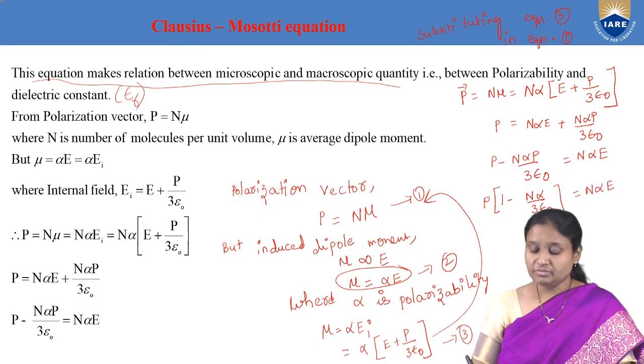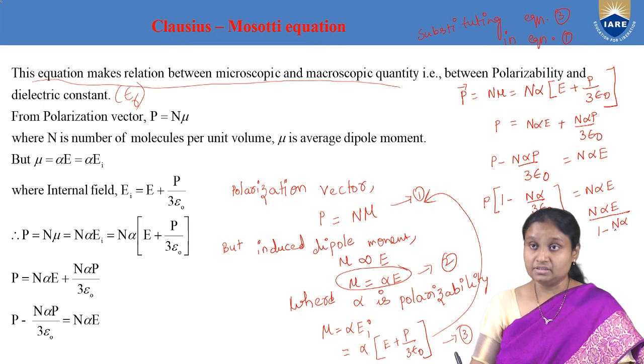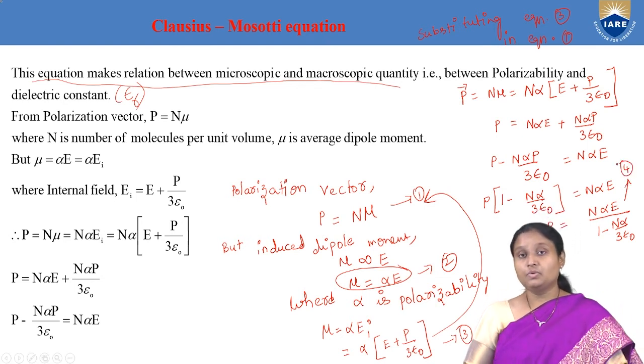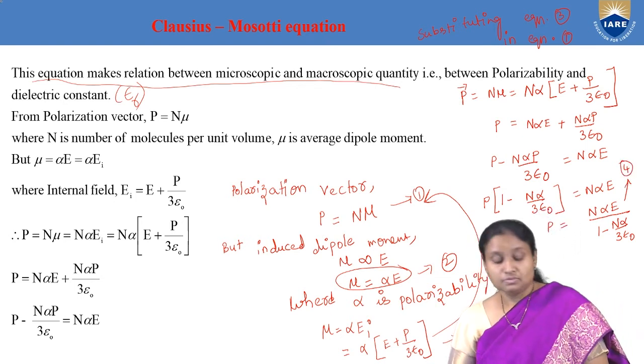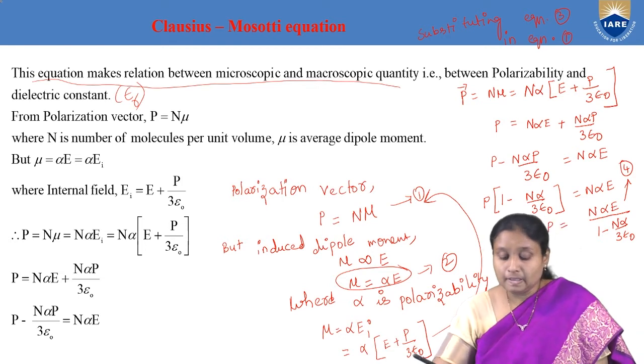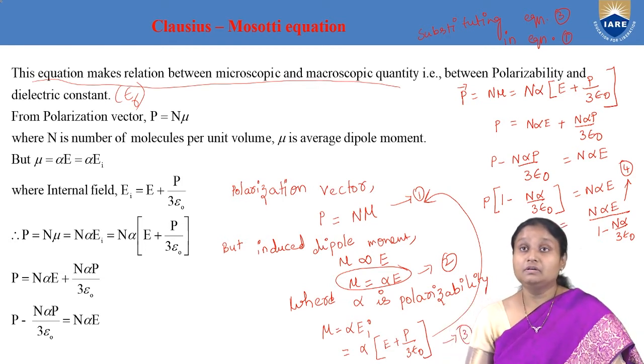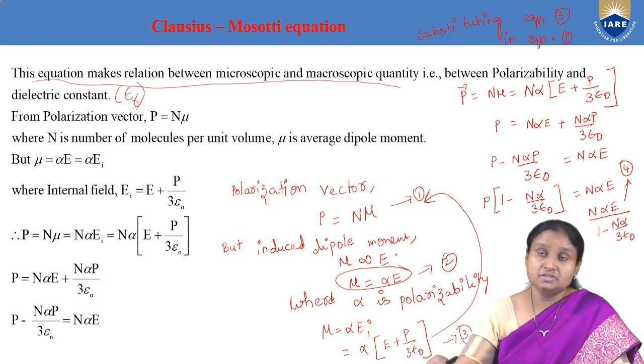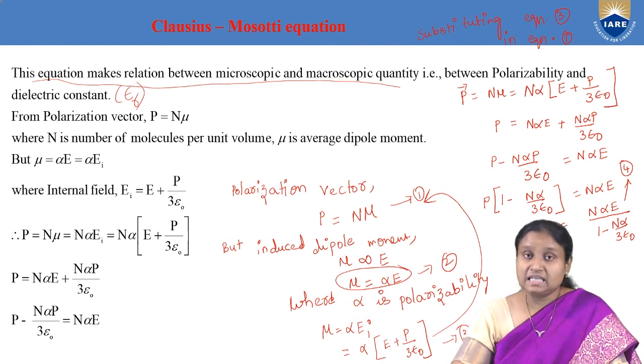Now from this, what is the formula of polarization vector I'm getting? I'm getting it as n alpha E by 1 minus n alpha by 3 epsilon naught. So let us take this as equation 4. What we have done here is, first I took the expression for polarization vector, which is given as n mu.